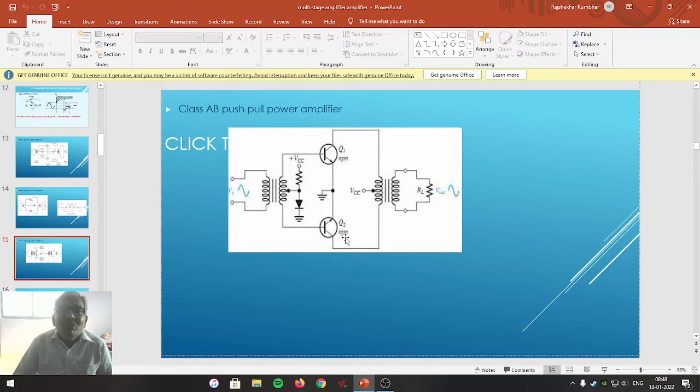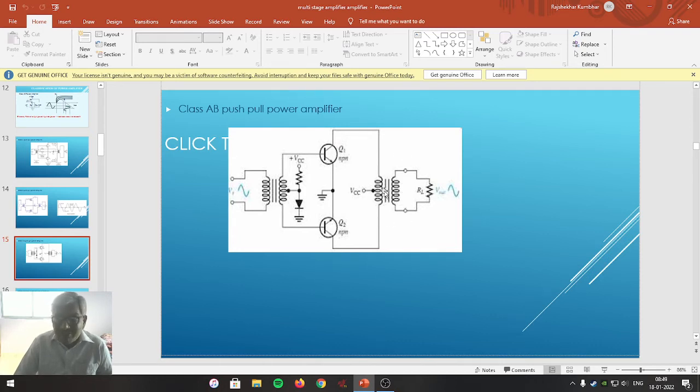The transistors Q1 and Q2 are so connected that their bases are driven by the secondary winding of the input transformer or driver transformer, whereas the emitters of both the transistors are connected with each other, and across the collectors of both the transistors, the primary winding of the output transformer is connected.